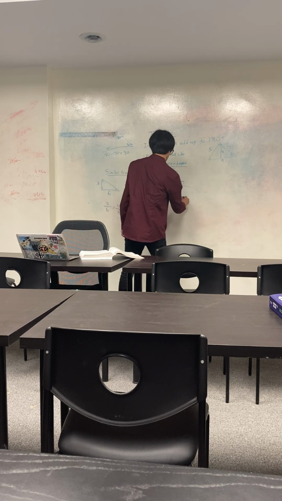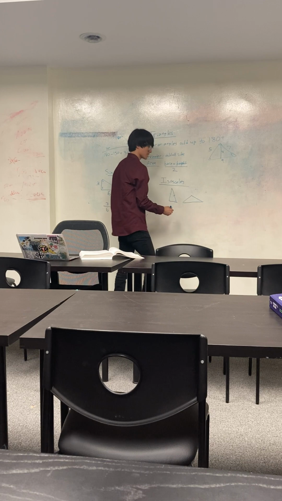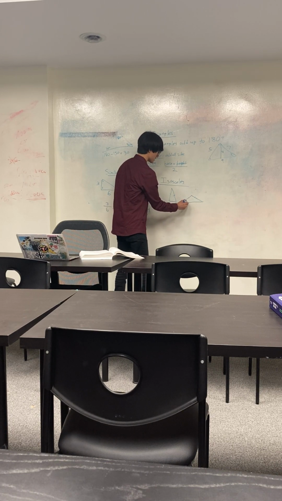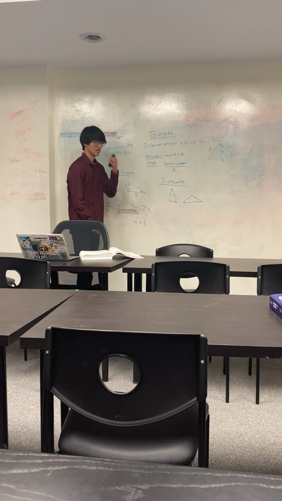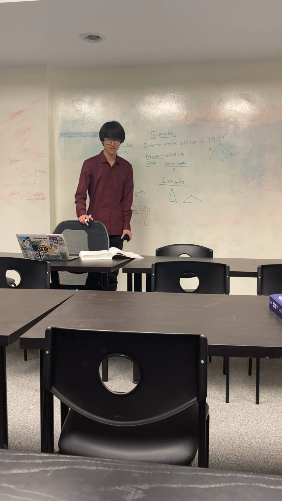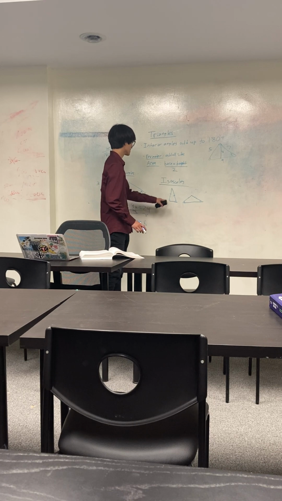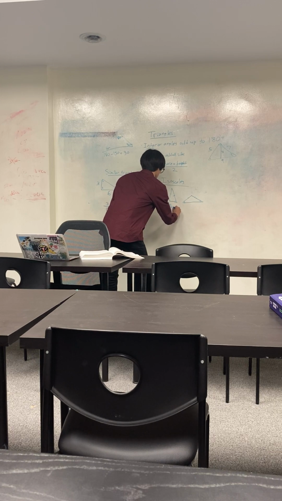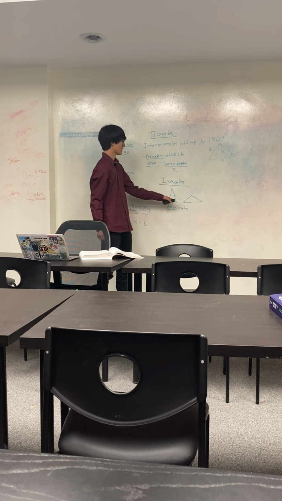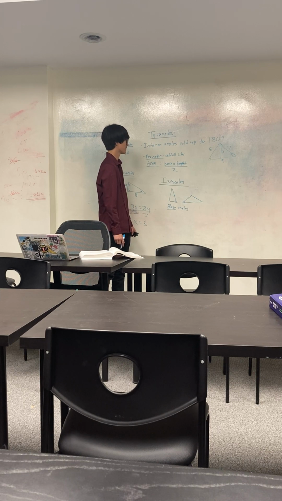Another example might look like this, a little wider. Same thing: this side is the same, this side is the same, which means these angles are also the same. Those are isosceles triangles. The 2 sides are the same. And these angles down here are called base angles, because these are the 2 angles on the base of the triangle. They're going to be equal to each other as well.